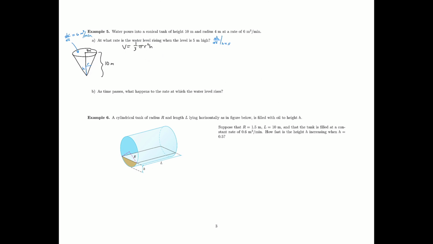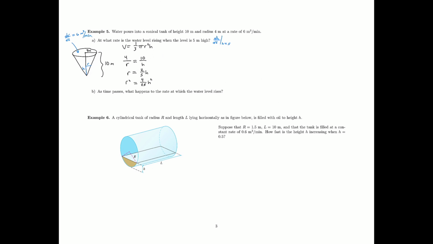So what we'll do is, similar triangles, we can think of the big radius 4 over the small radius r is equal to the big height over the small height. And then, of course, we can just solve this for r, which would be 2/5 h. And then since we need an r squared, we can go ahead and get this as r squared equals 4/25 h squared.